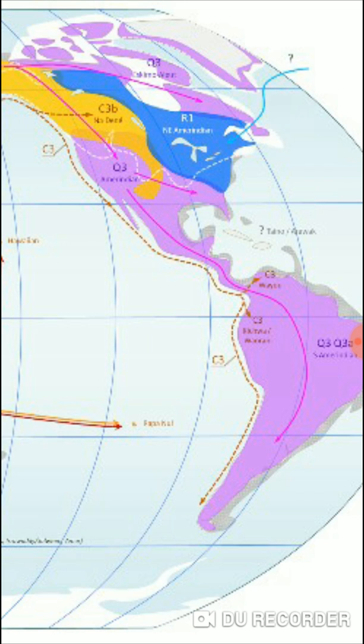The other issue is, as you can see, far up north in the Hudson Bay region of North America, you have a Q3. So Q3 is an Eskimo Inuit group of DNA.